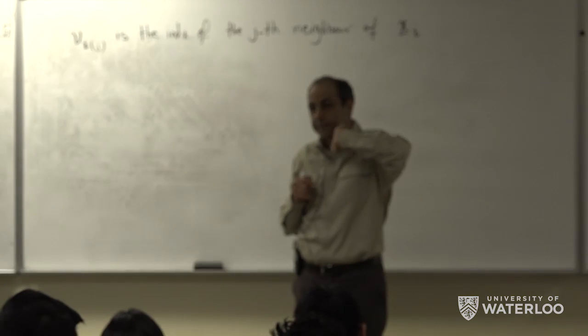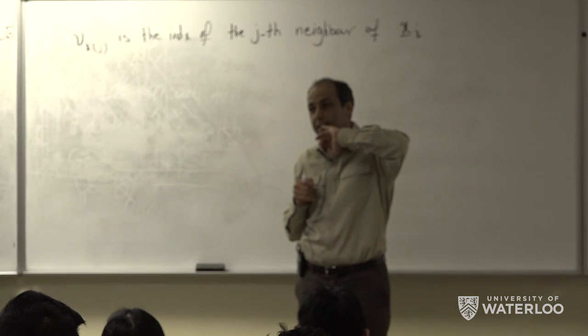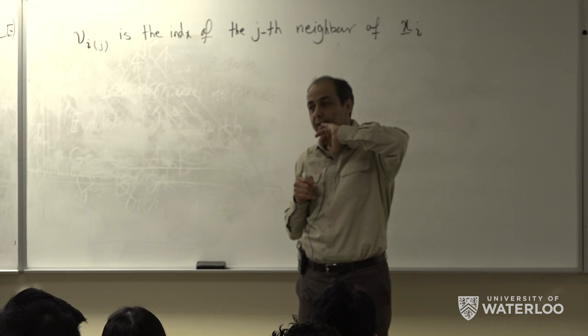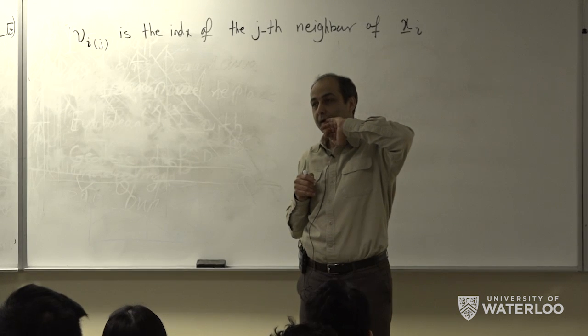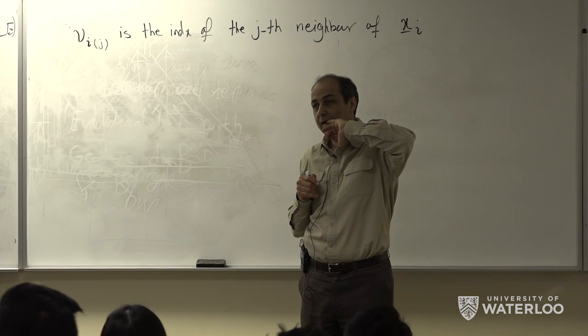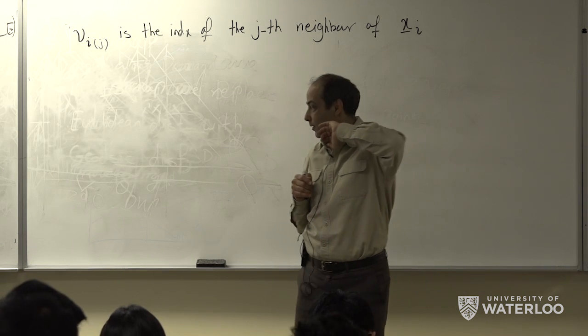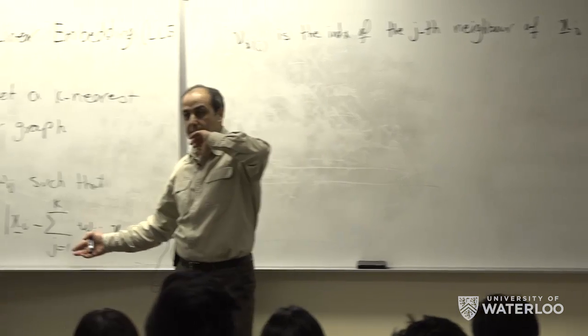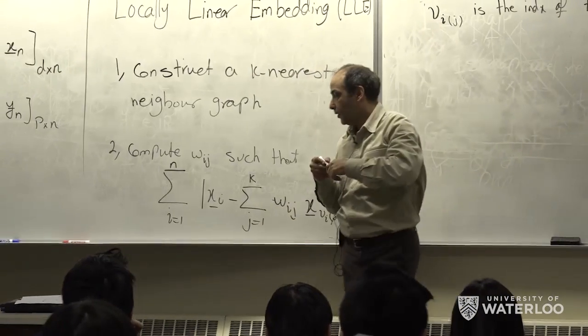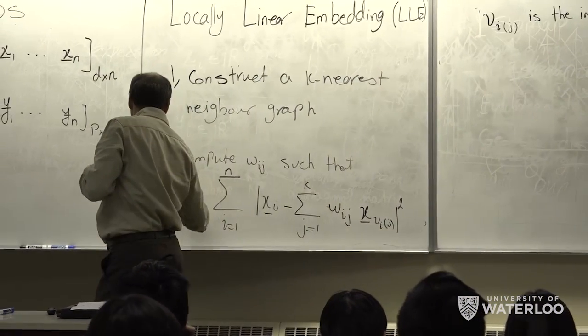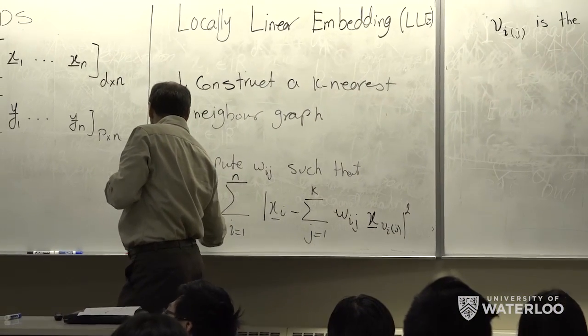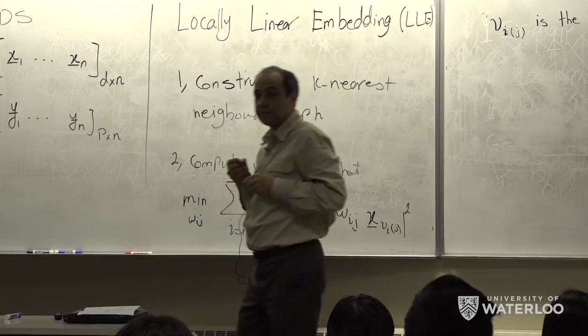So different weights yield different reconstructions. How do we measure how well we reconstruct? What is the loss that we're looking to minimize? This is the loss. So we want to minimize this and find the Wij's.